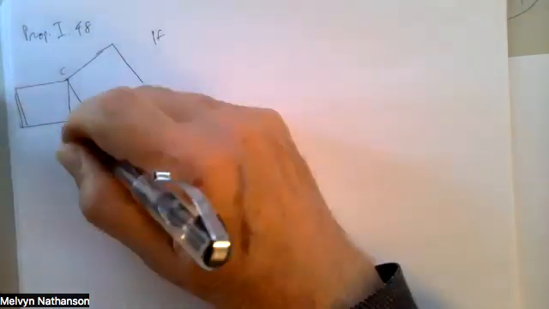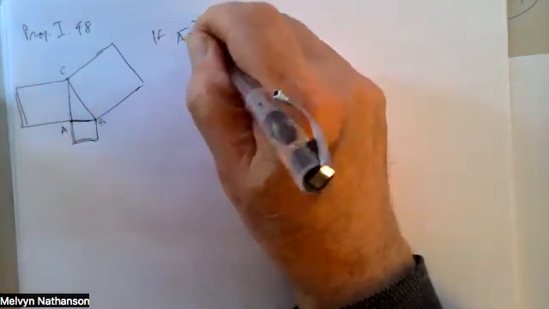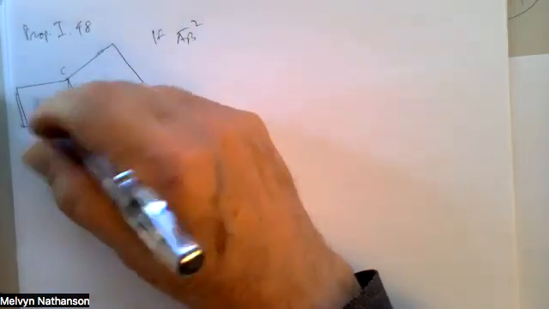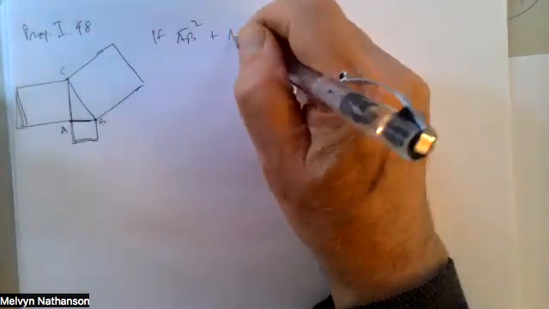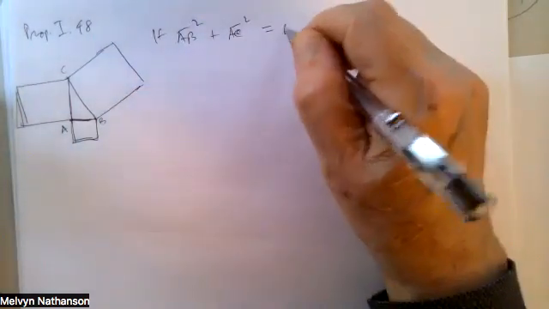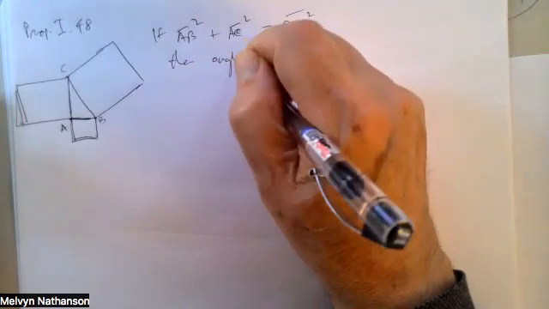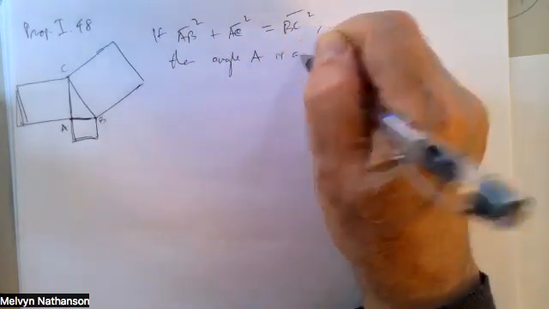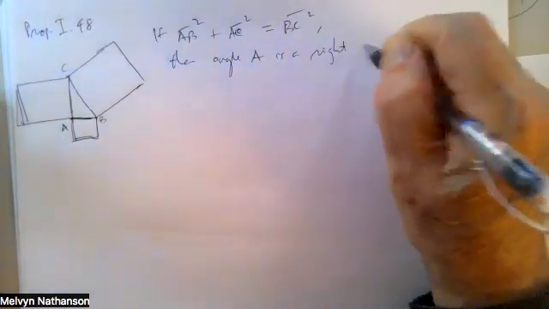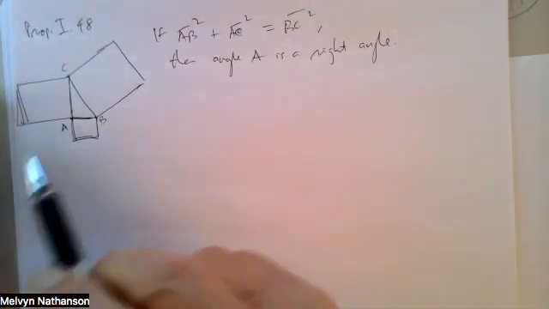If the area of the square on AB, and the area of the square on AC, which is AC squared, is equal to the area of the square on the side BC, then angle A is a right angle. Then you have a right triangle.